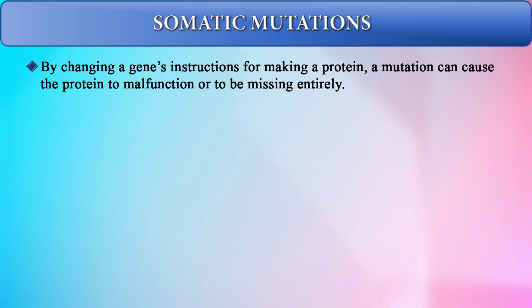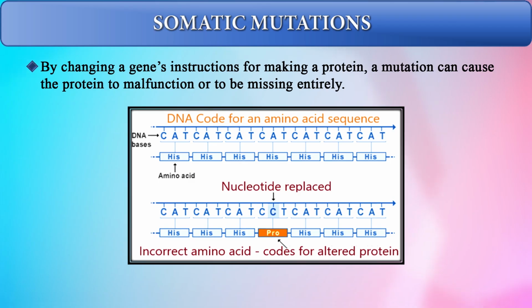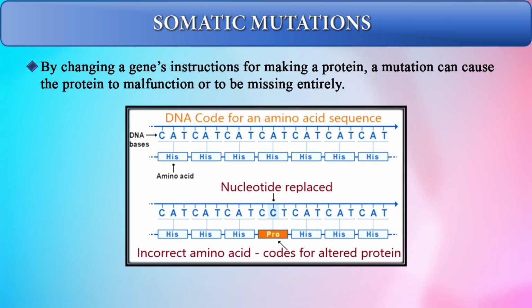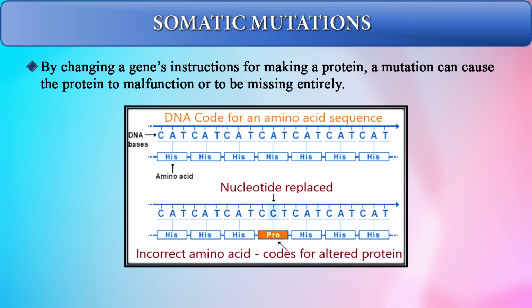Now in this figure, you can see the DNA code for an amino acid sequence. At the top you see the DNA bases, that is cytosine, adenine and thymine, coding for the amino acid.